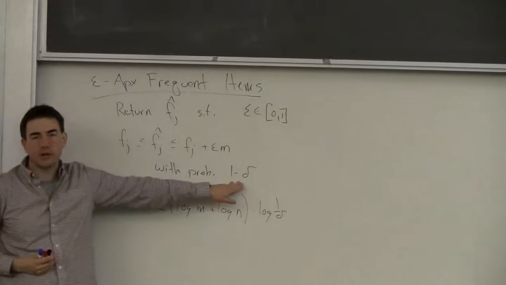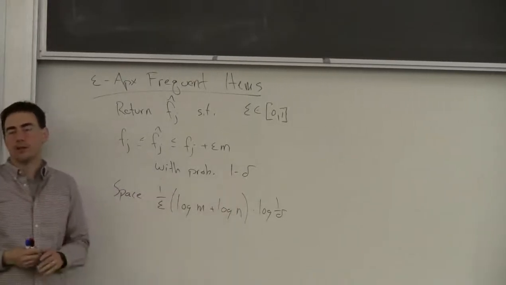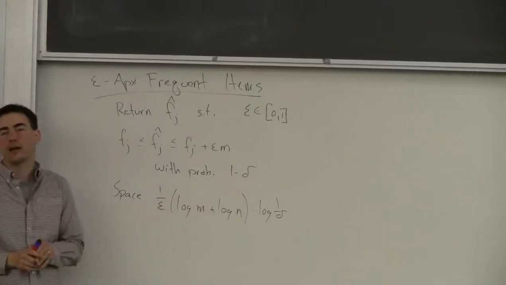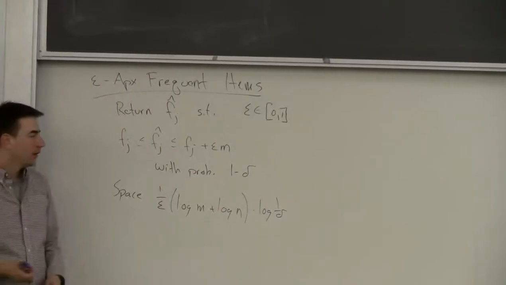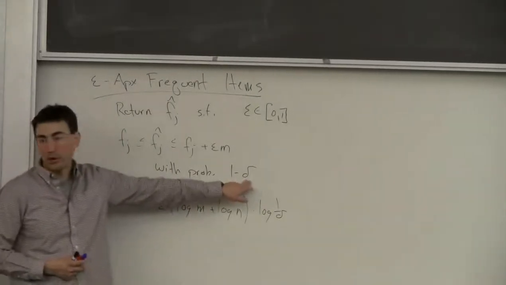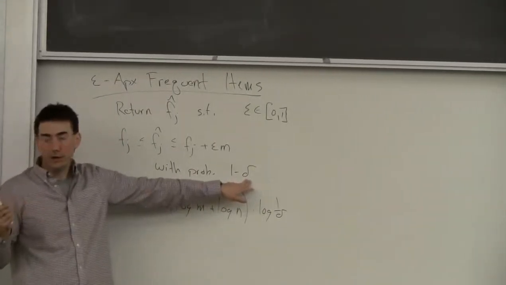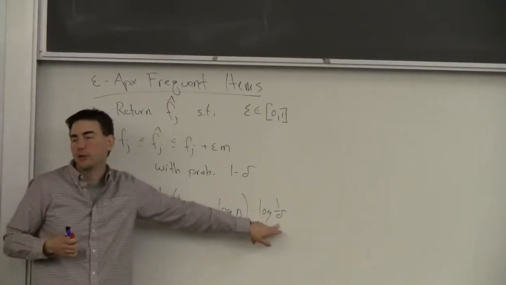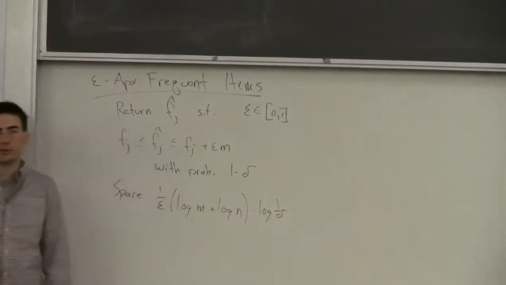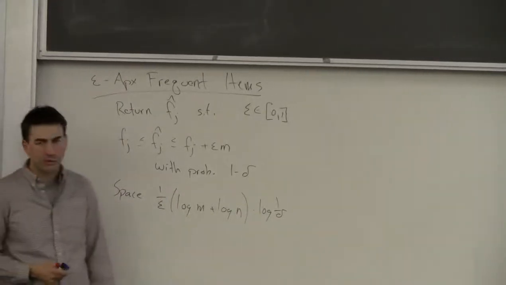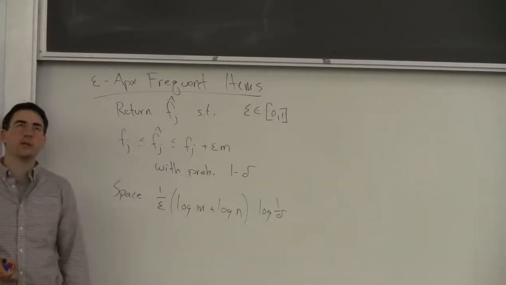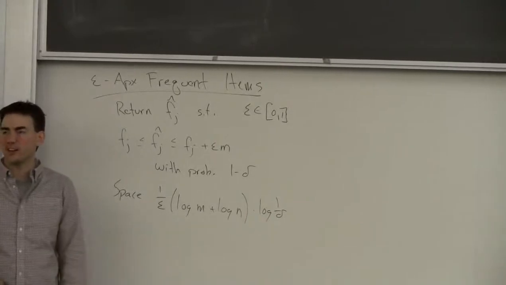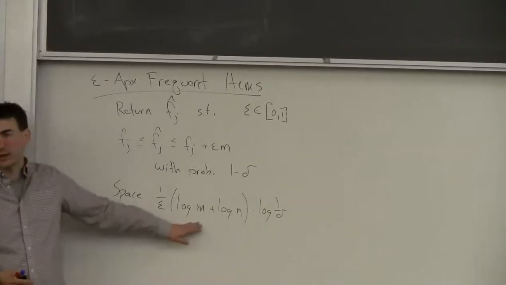Say I want this to work 999 out of 1,000 times, so delta is 0.001. Then this is log of 1,000. Maybe that's log base 2 of 1,000, which is about 10. So I may need an extra factor of 10 counters.